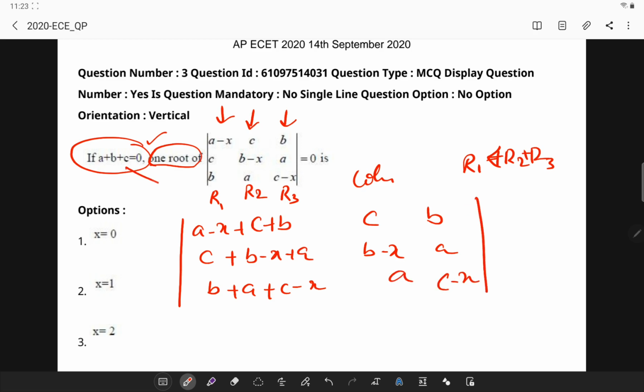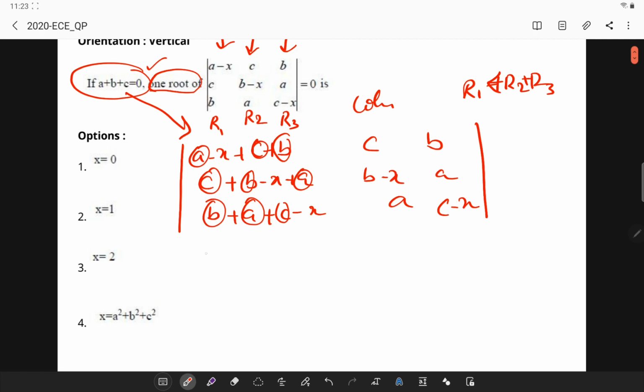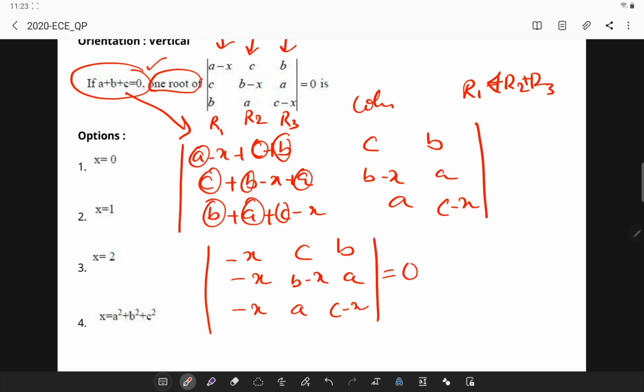If you observe clearly, a, b, c are added, so it is 0. Here also a, b, c are added, 0, and here also you have a plus b plus c as 0. So I can simply directly write it as minus 6, minus 6, minus 6. And I will be left with c, b, b minus 6, a, c minus 6, which is equal to 0.